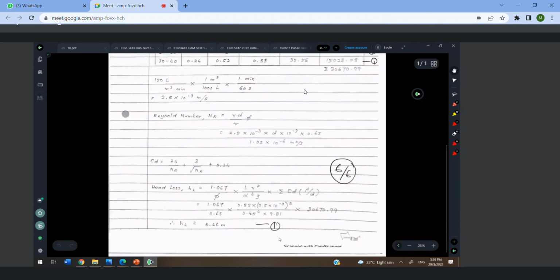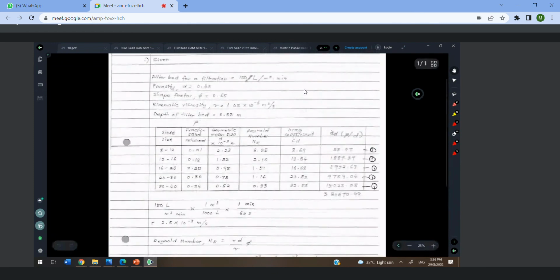Alright, the following step is to complete the final column, which is column number 6. Column number 6 is CD in bracket P over D, where P is the fraction of the sand retained.